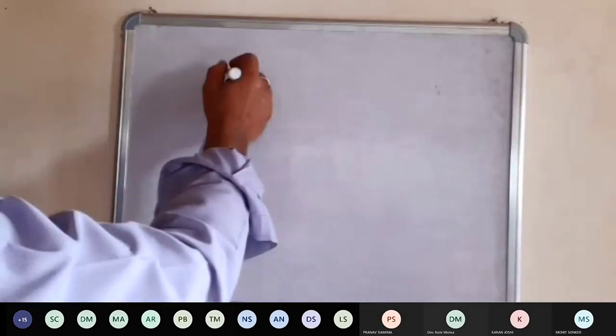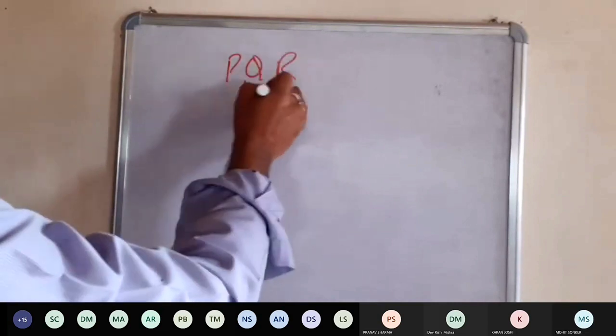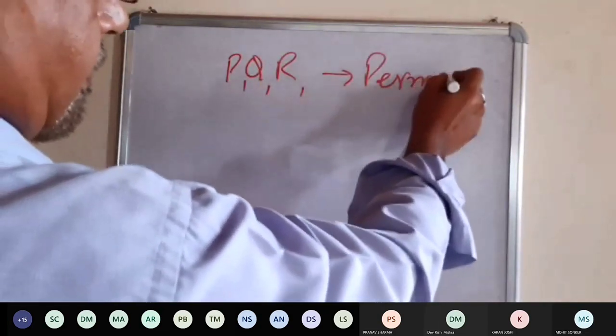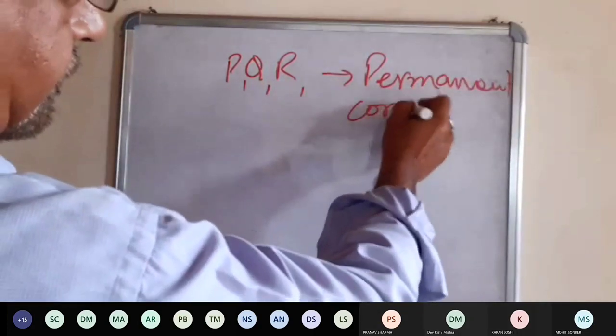So understand one thing, as far as corrections are concerned, a simple one liner: P, Q and R, all by permanent magnets.